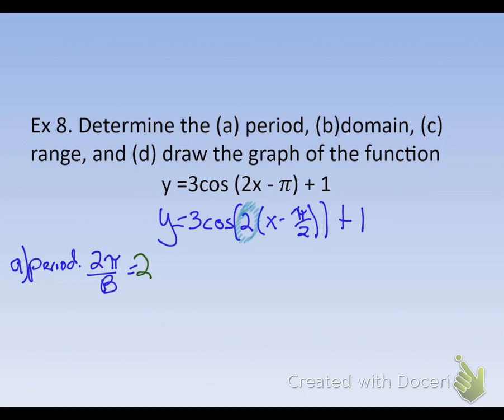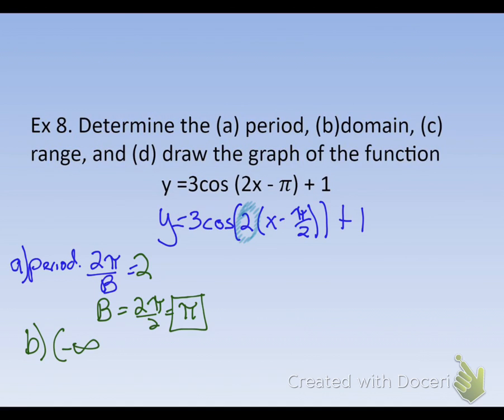So again, I'm just using that equation from before, setting it equal to the same spot, and solving from here. We see that that would give us b equals 2 pi over 2, which is equal to pi. So our period for this function is pi. This is still a cosine function, so what would our domain be? Exactly right.